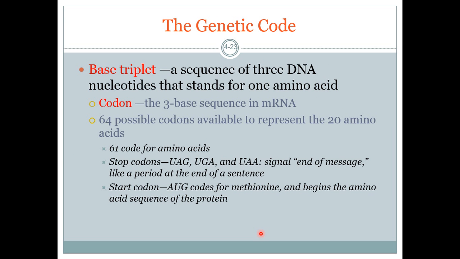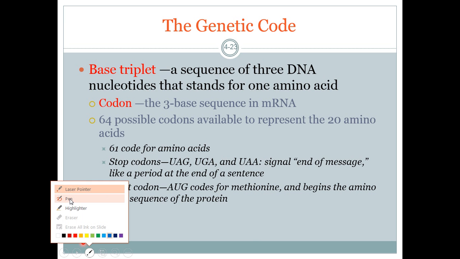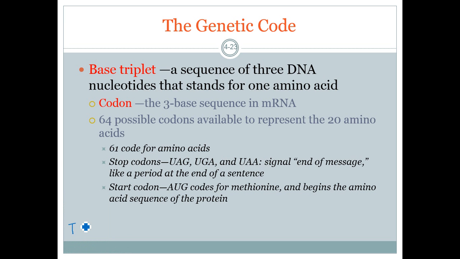You already know that methionine, abbreviated MET, is your start codon. The base triplet for that is TAC. So whenever you see TAC, you know this is methionine, and this is what's going to start the particular sequence.